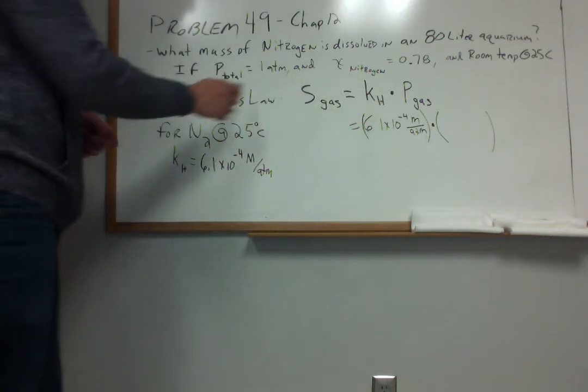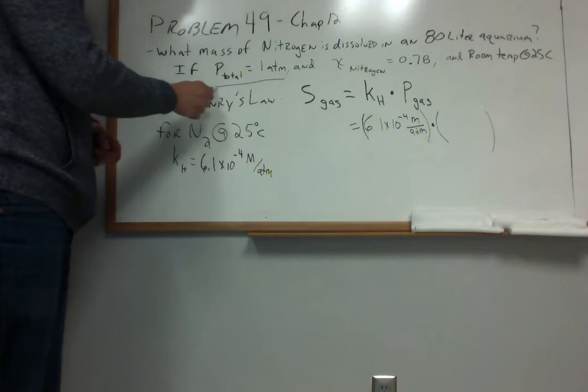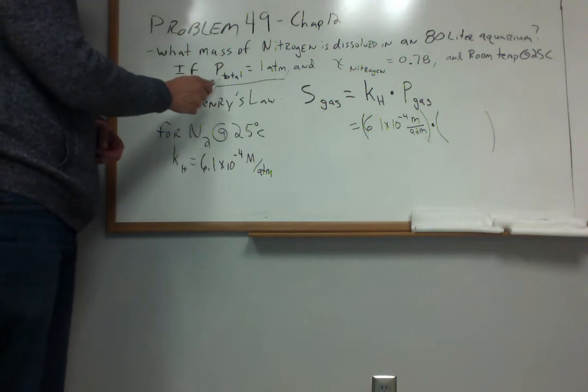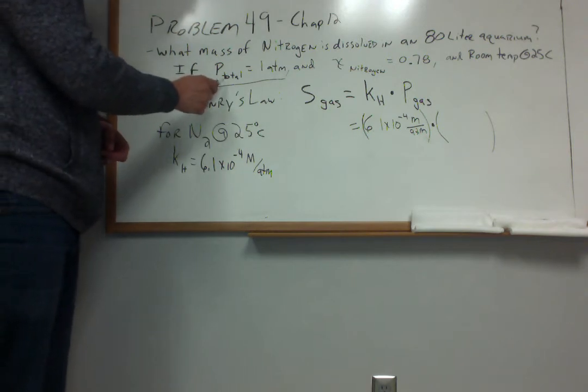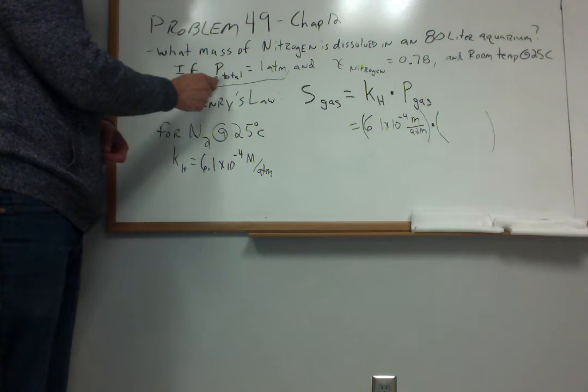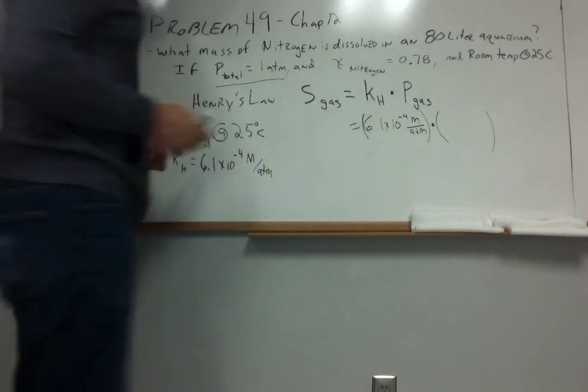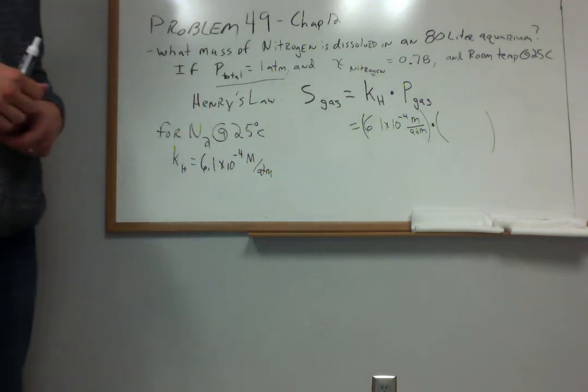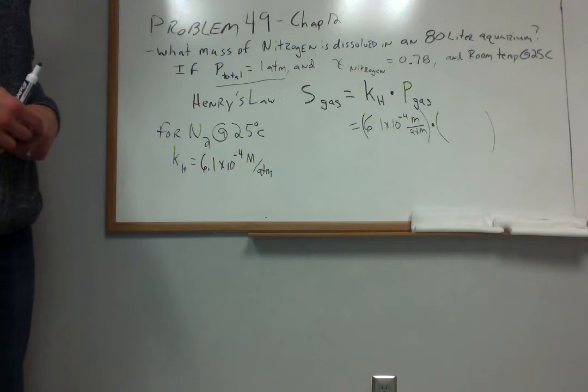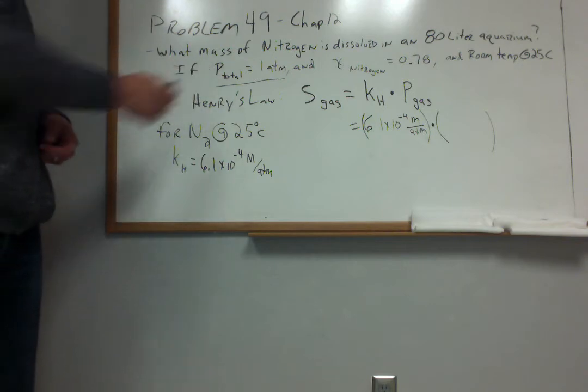So the details of the problem are essentially going to tell us what that P gas is. Okay? Now you might think it's this number, the 1 atmosphere, but it's not, because we've got air above our aquarium. Now air is made up of multiple gases, not just nitrogen. We're told here the total air pressure is 1 atmosphere. However, the mole fraction of nitrogen is only 0.78. Okay? So it's not pure nitrogen, it's air. Air has some oxygen, some other trace gases that also exert a partial pressure.